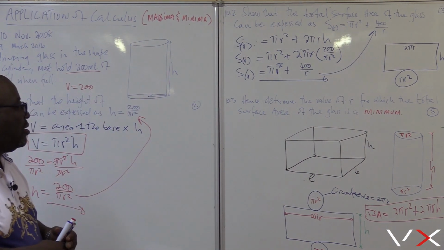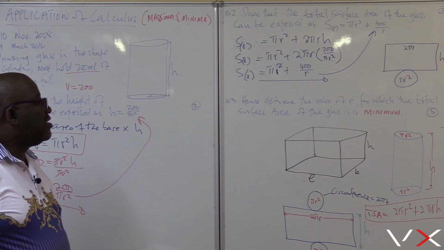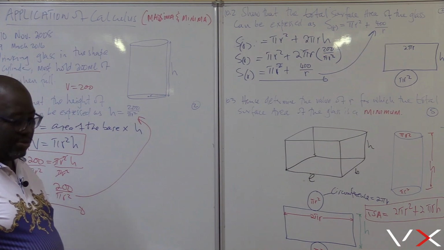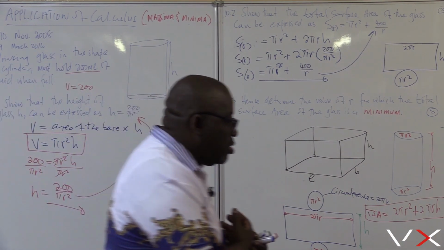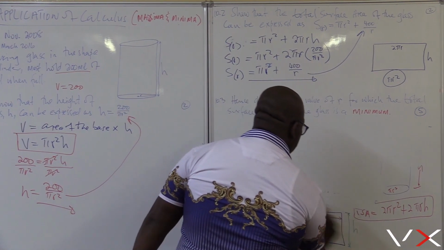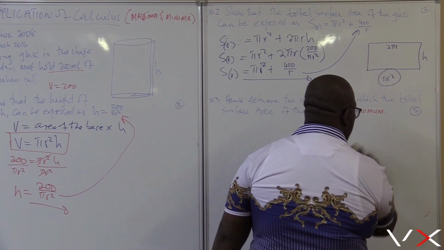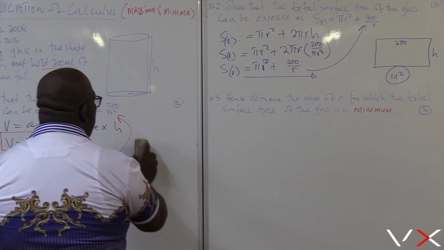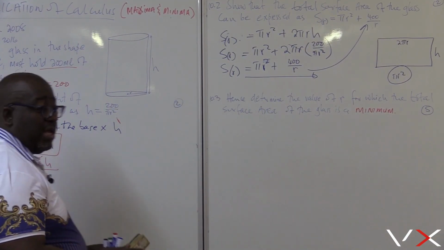The last question. Hence, determine the value of r for which the total surface area of the glass is minimum. Okay, let me just try and explain that for you. The question is, hence, determine the value, right? There's only one value, so it's something equal to something.